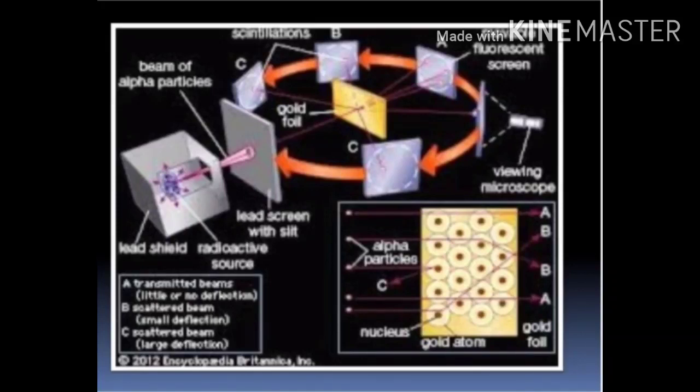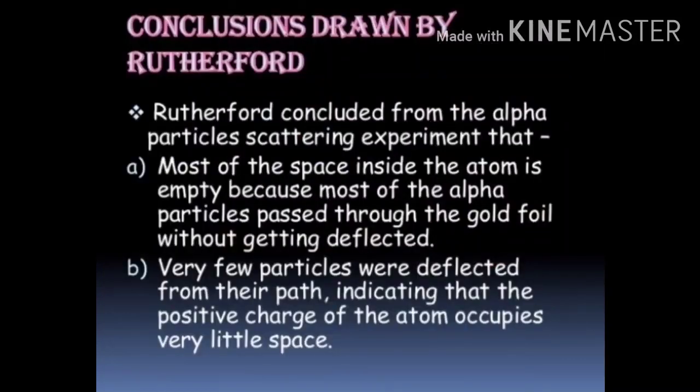The observations from this scattering experiment are: most of the space inside the atom is empty, because most of the alpha radiations pass through the gold foil without any deflection.